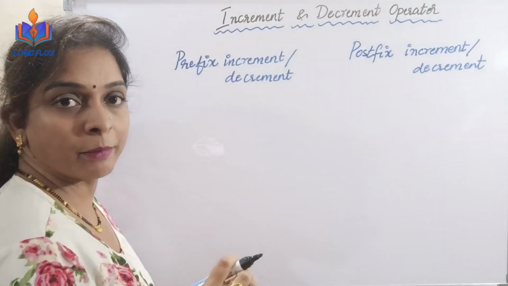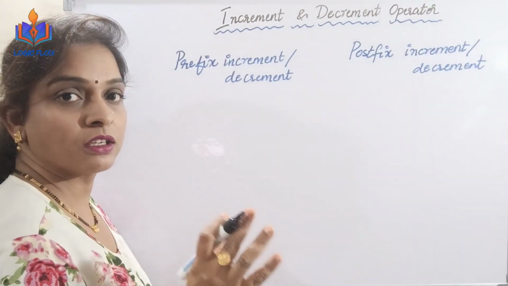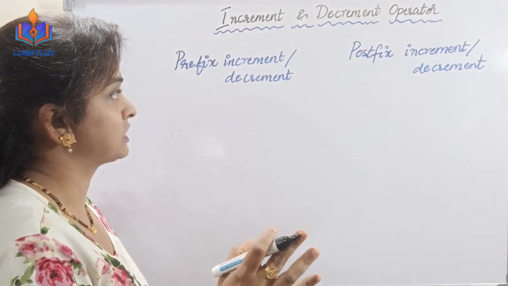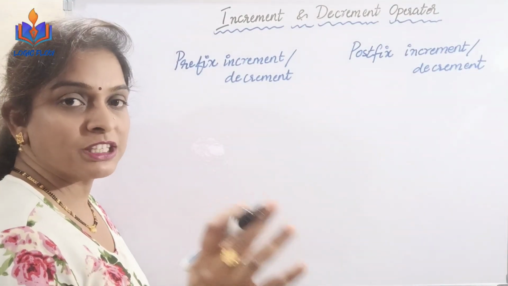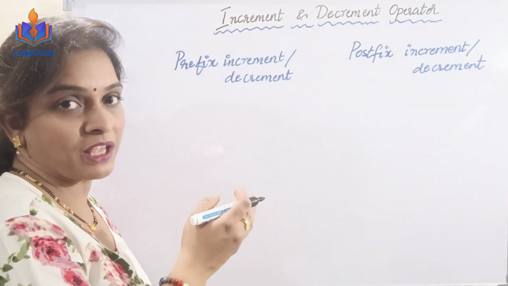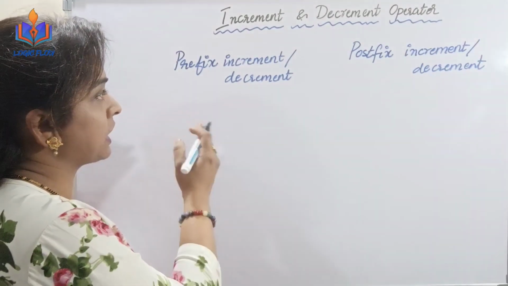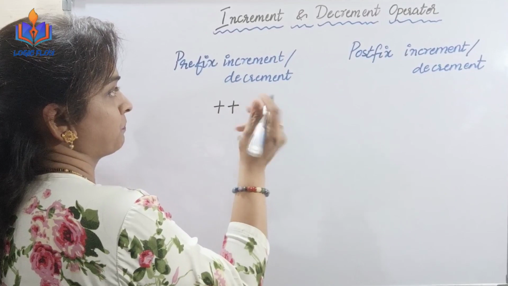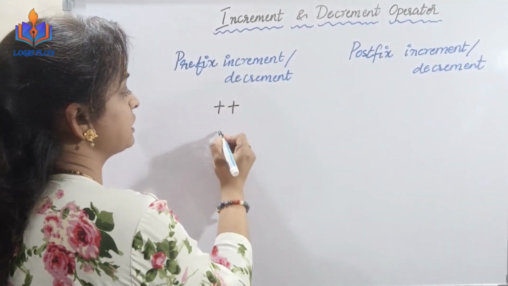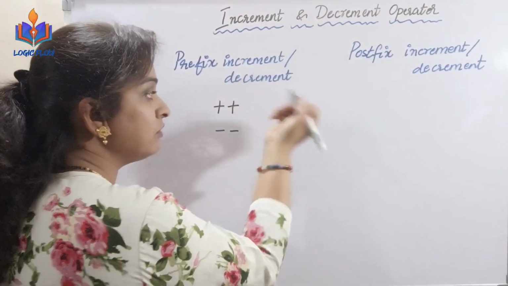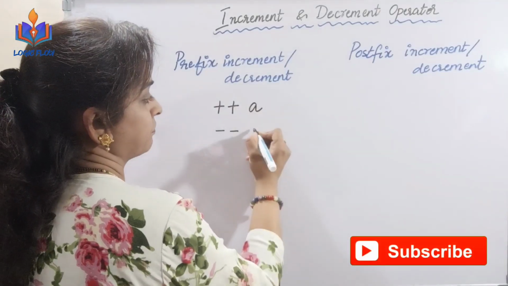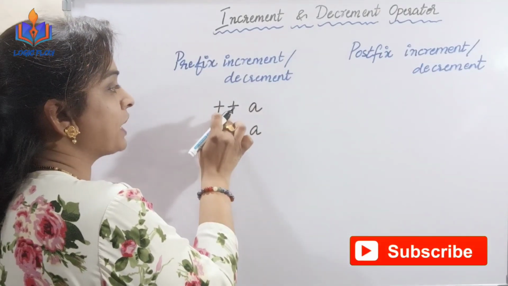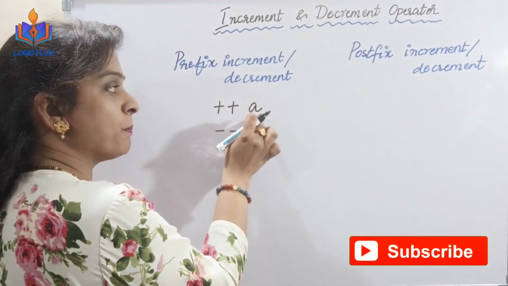So prefix increment or decrement is symbolized by plus plus or minus minus. But the question arises, where to place this operator? In prefix, as the name itself tells you, the operator comes first: plus plus, or for decrement, minus minus, and then the operand. So I just say a. Here the operator comes first and then the operand.